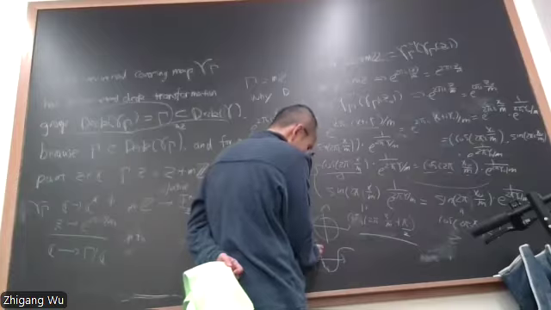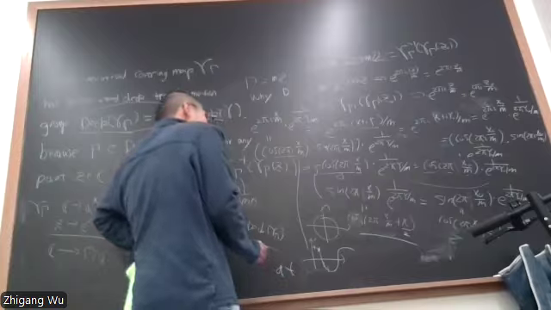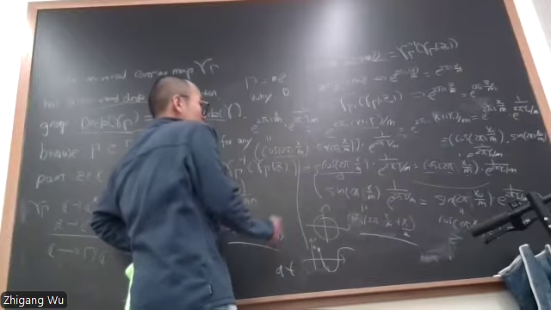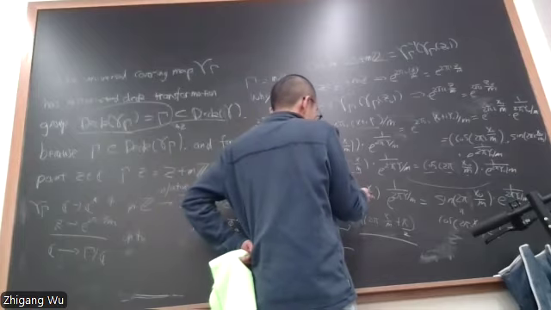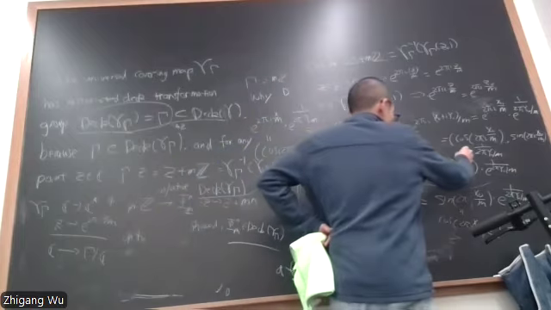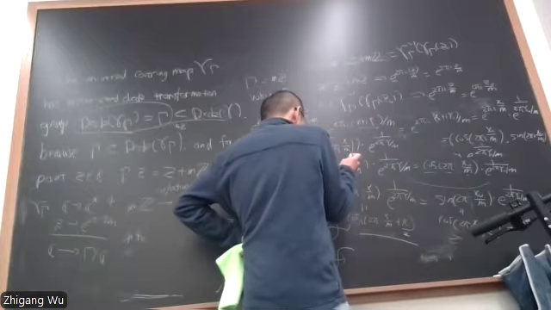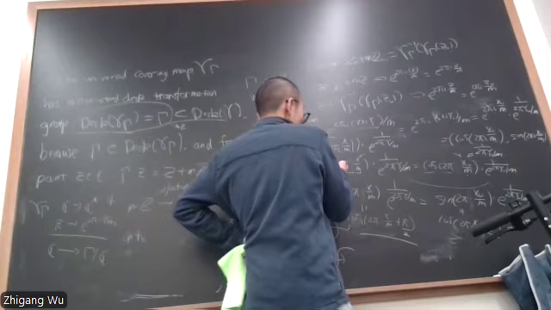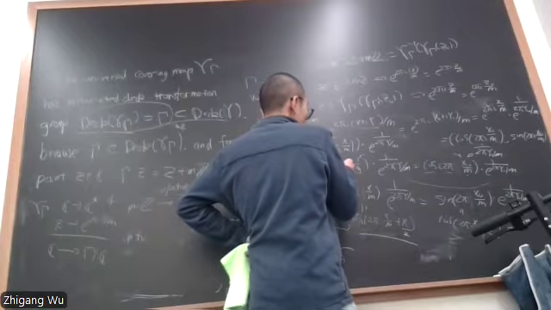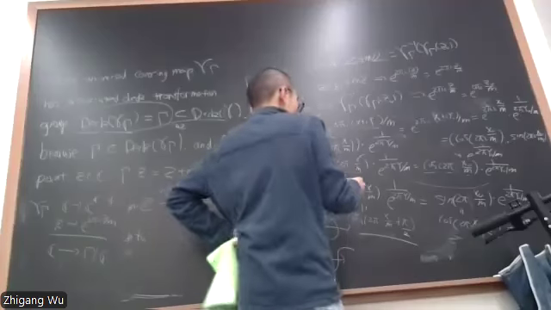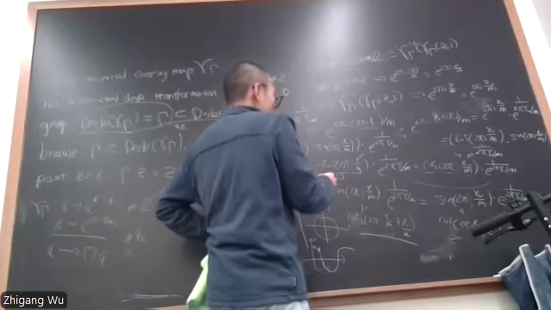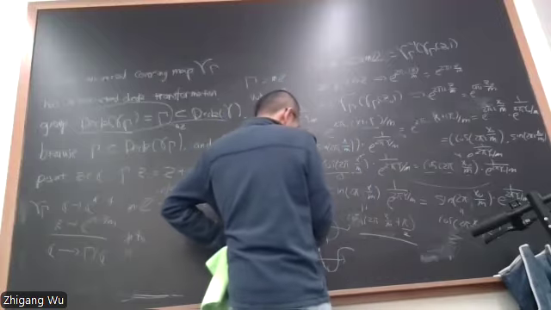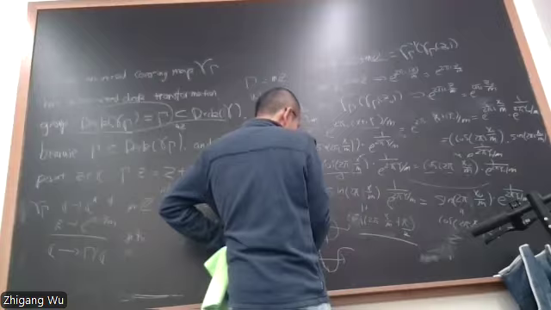I think the idea is that, say for this guy and this guy, there is a smaller number. So let's suppose that this one is the smaller one.